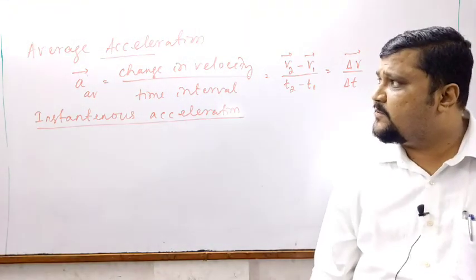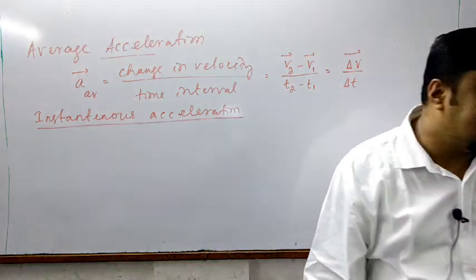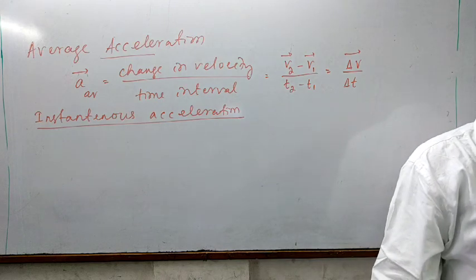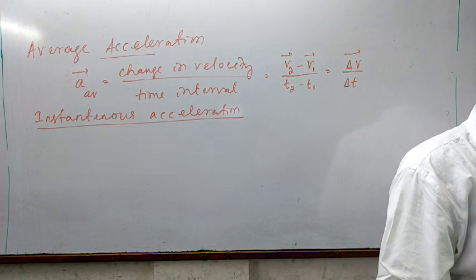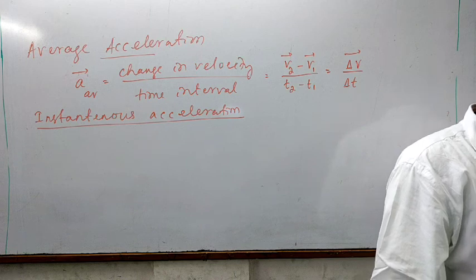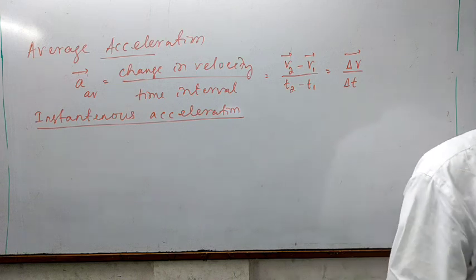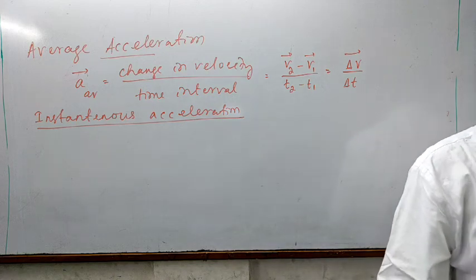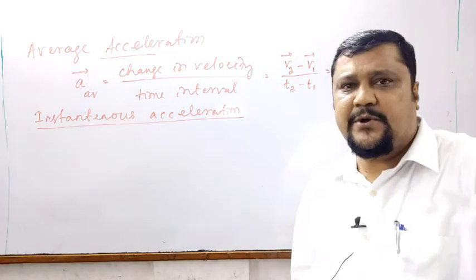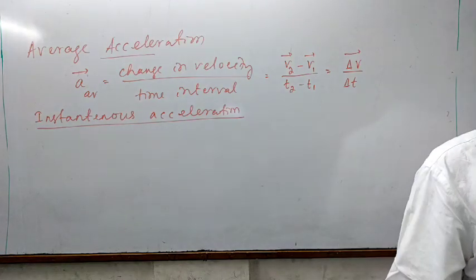If the body is in non-uniform acceleration, the instantaneous acceleration is defined as the time rate of change of velocity, that is, at a particular instant, what is its acceleration.